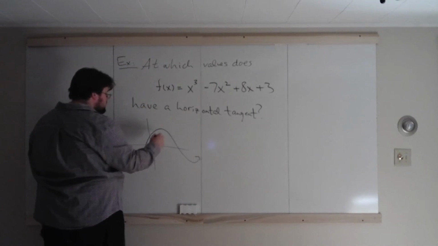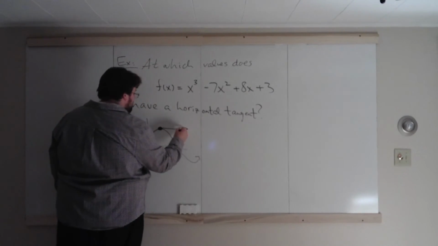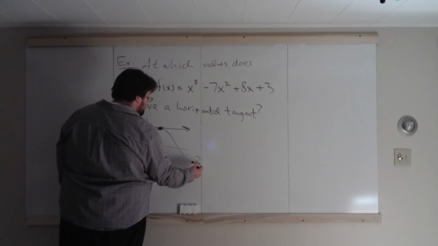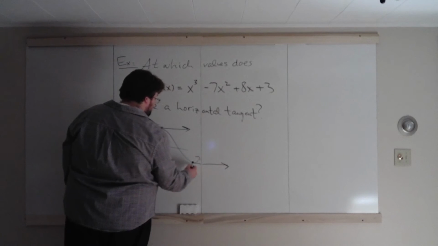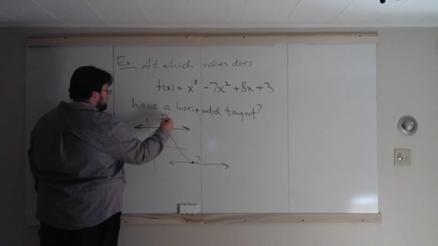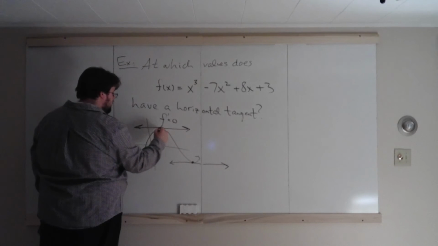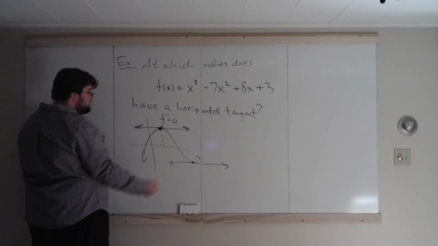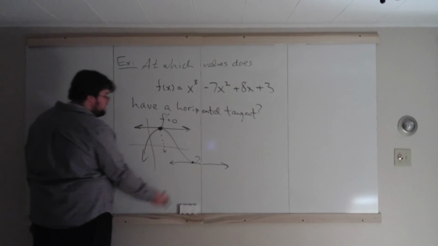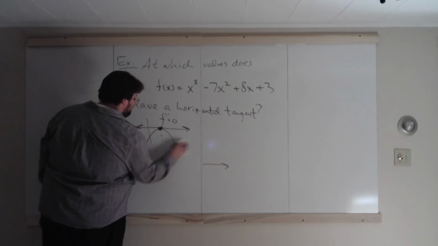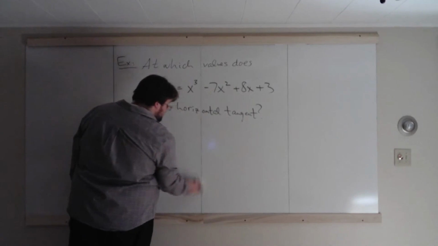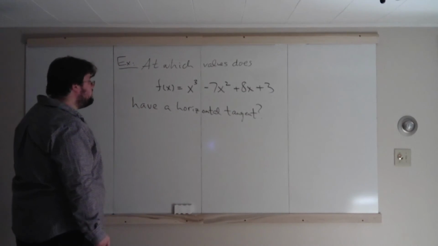A horizontal tangent looks like this, or it looks like this. In other words, it's where the derivative equals 0. So it's the x value at which the derivative is 0, and similarly for that one. So all we need to do to find horizontal tangents is find where the derivative is 0.